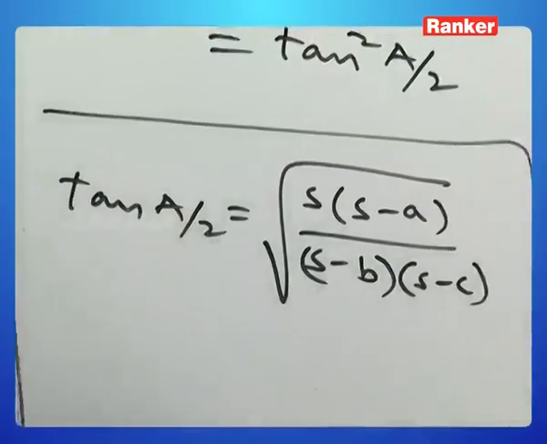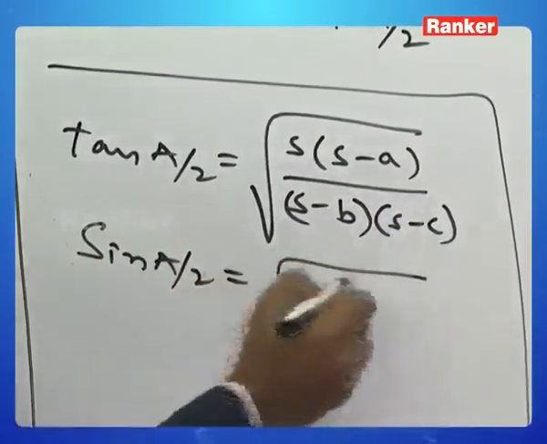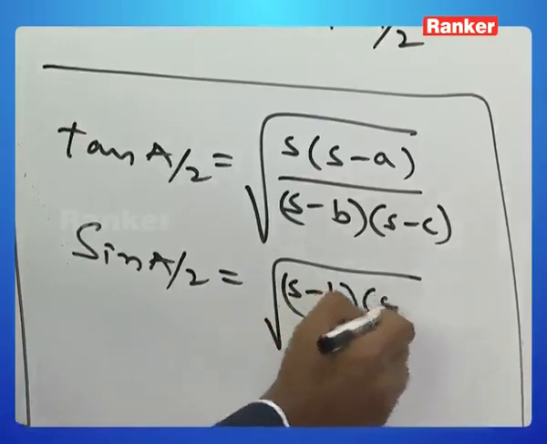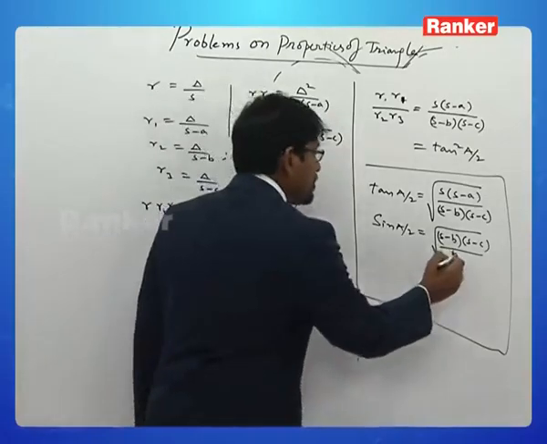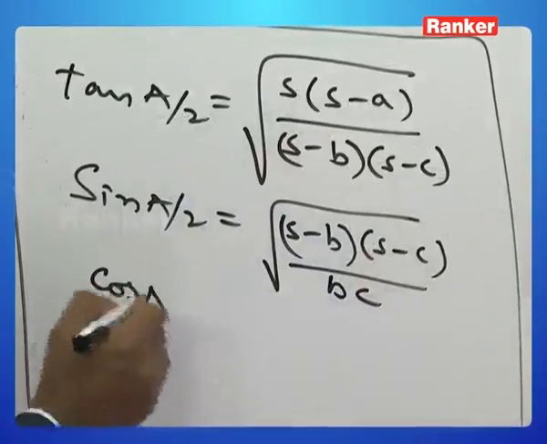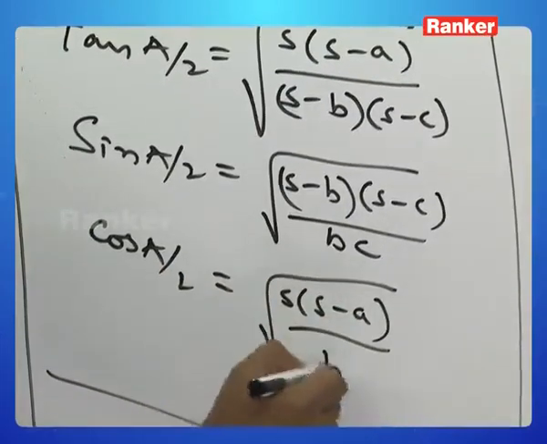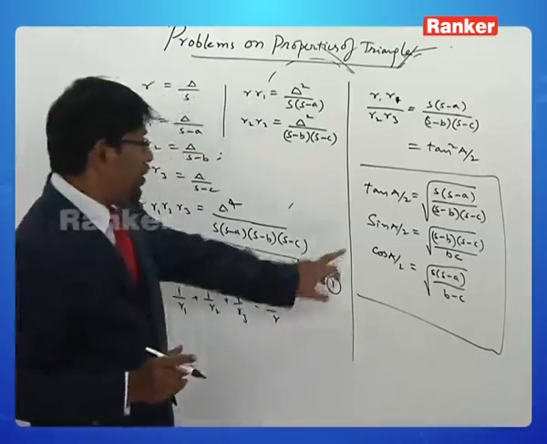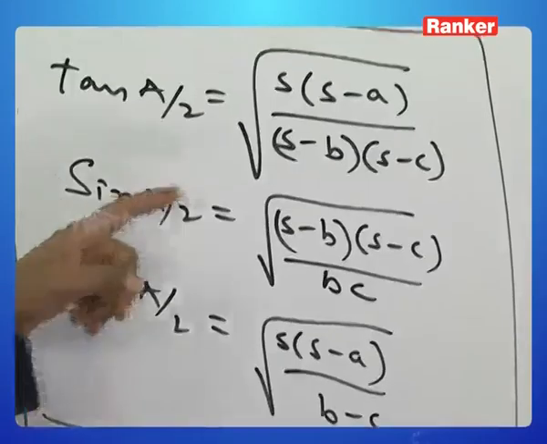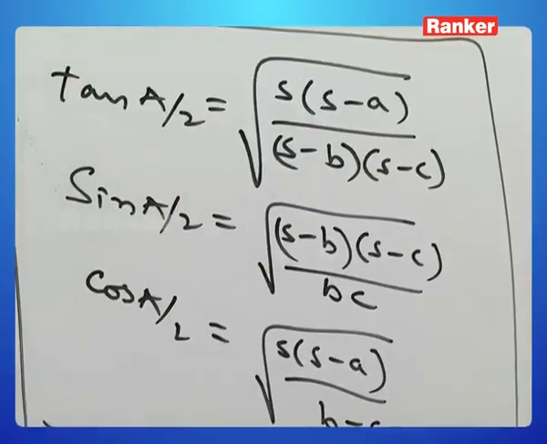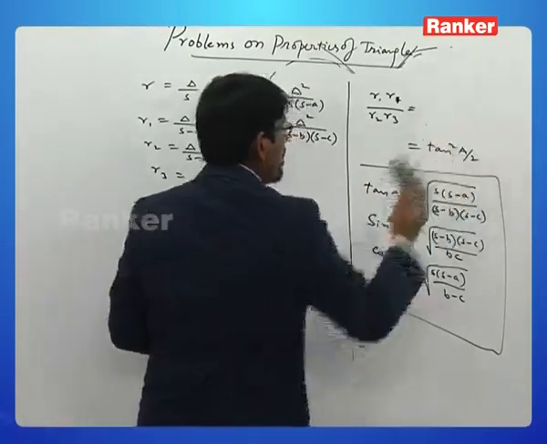In this context, let's also recall the sin A by 2 half angle formula: root over S minus B into S minus C by BC. Cos A by 2 is given by root over S into S minus A by BC. So, very clearly, if you divide one by the other, sin A by 2 by cos A by 2 will give S minus B into S minus C over S into S minus A; the reciprocal has been written here.